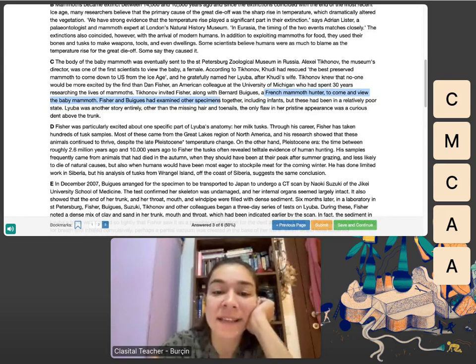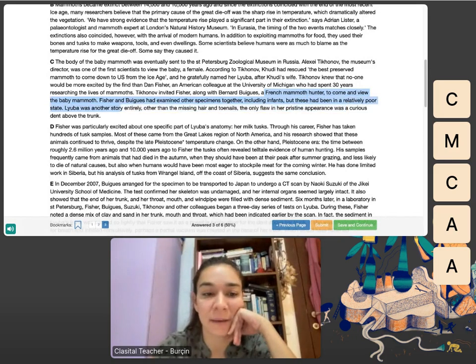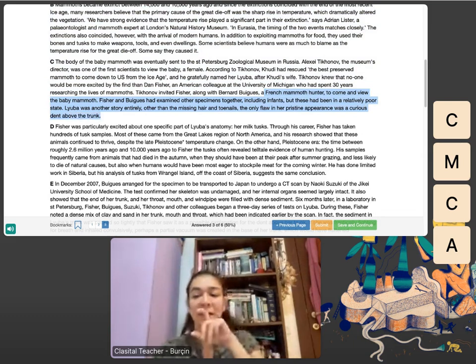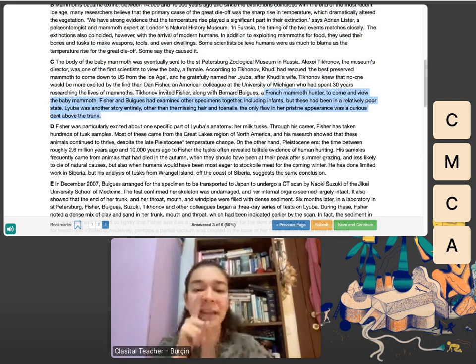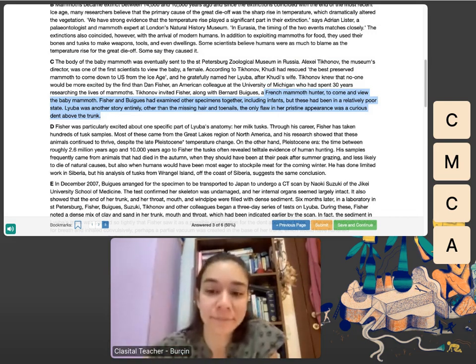Fisher and Bourgeois had examined the other specimens together, including infants, but these had been in relatively poor state. Luba was another story entirely. Other than the missing hair and toenails, the only flaw in her pristine appearance was a curious dent above the trunk. So there's a dent above the trunk. Interesting.